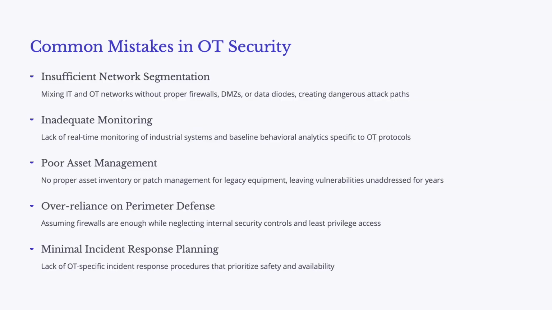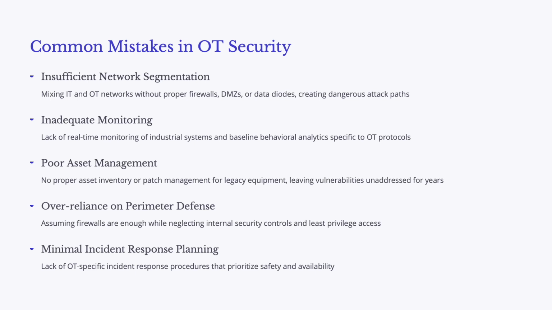So, where do companies usually go wrong? First, mixing IT and OT networks without proper segmentation. If your office laptop can ping your PLC, you have already lost. Second, no monitoring. Many OT systems run set and forget, making them blind to intrusions.